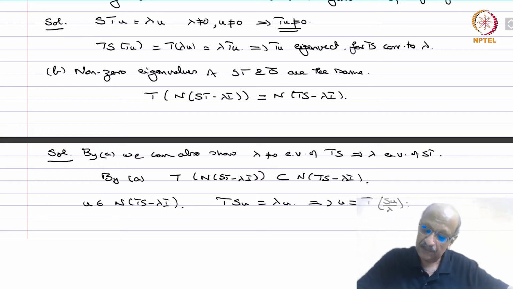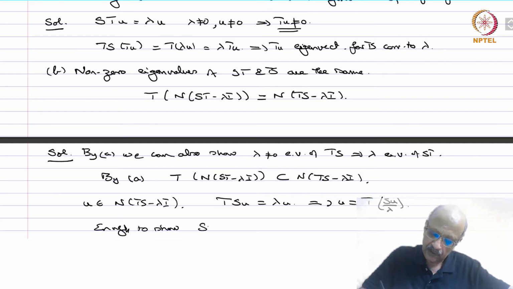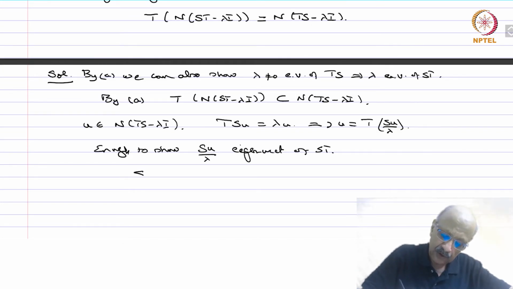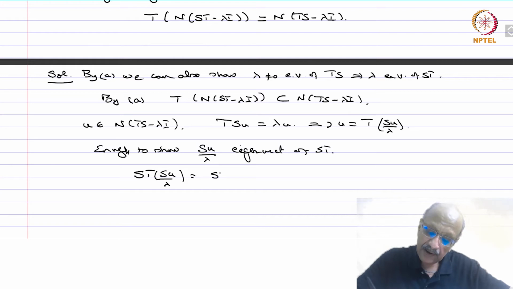So it is T of something, so it is enough to show Su by lambda is an eigenvector of ST. So we just have to show that ST of Su by lambda is equal to S of TSu, which is lambda u. So lambda u by lambda gives u again, which is lambda times Su by lambda. Okay, and that completes the proof.